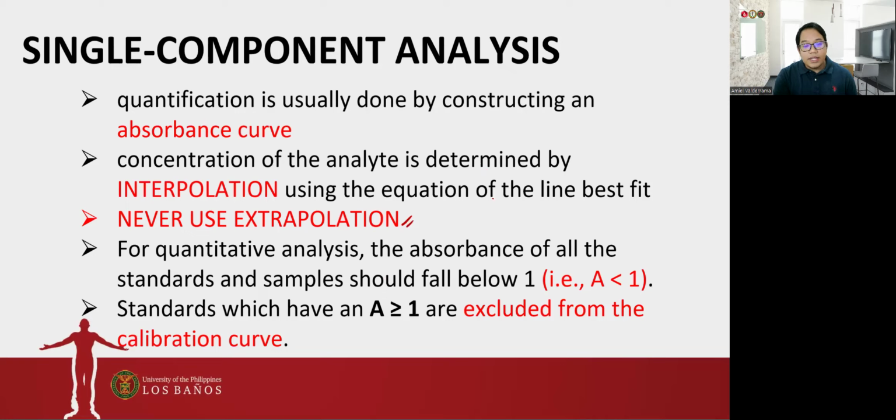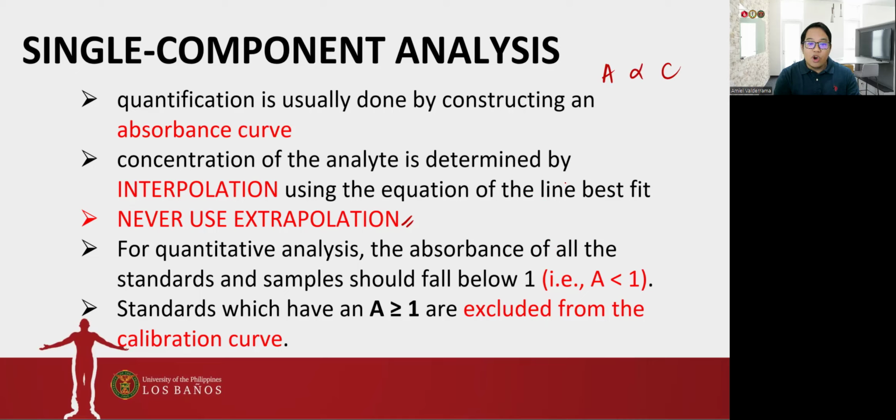Next is for quantitative analysis, the absorbance of all the standards and samples should fall below 1. Okay? So yung mga absorbance na greater than 1, hindi na natin siya kino-consider. Alright? Then standards which have an absorbance greater than or equal to 1 are excluded from the calibration curve. Okay? So, dun sa ating understanding sa Beer-Lambert's law, di ba? Ang absorbance natin is directly correlated with the concentration.